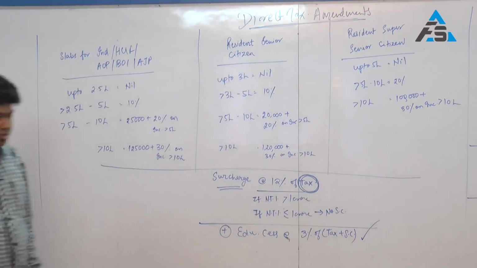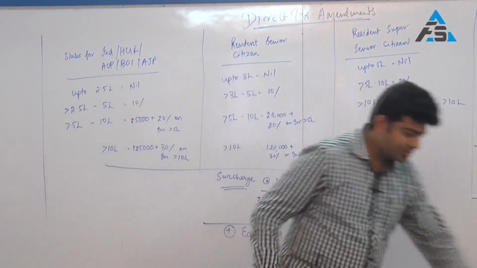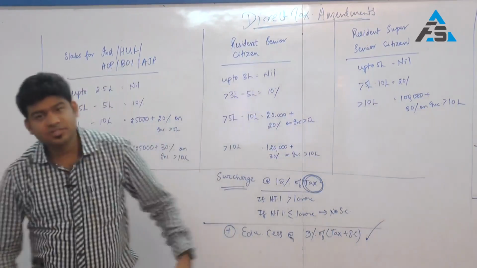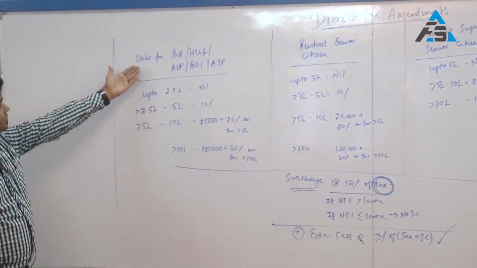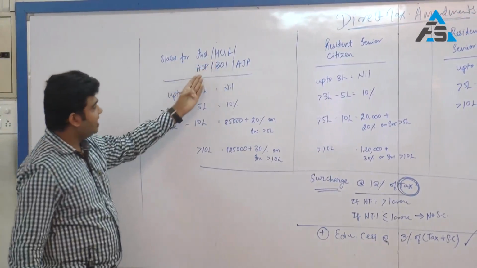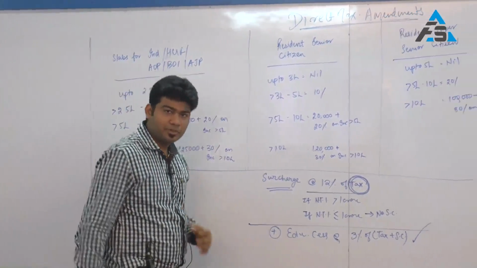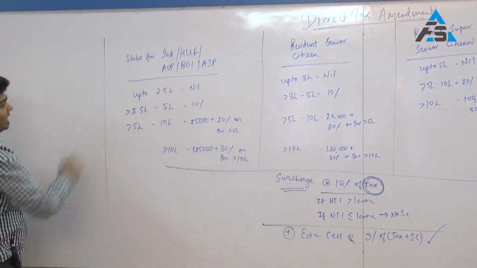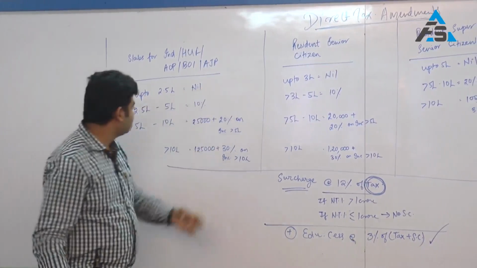I am sure the majority of you know what exactly the basic tax rates are for Finance Act 2015, but we will always start with that. So start with slabs for individual, HUF, AOP, BOI, artificial juridical person. We all know that up to 2,50,000 the tax that they have to pay is nil.